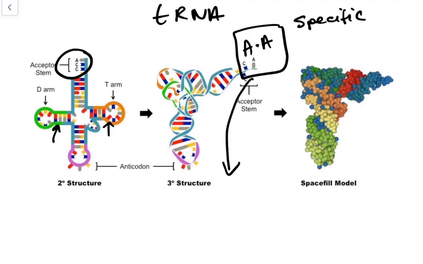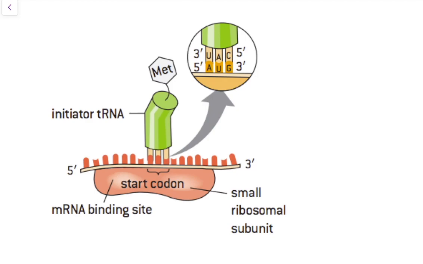It's what's going to bring the right amino acid in, and we're going to see it's due to complementary base pairing. Here we see that the first tRNA, which we can call the initiator tRNA, is being coded for.